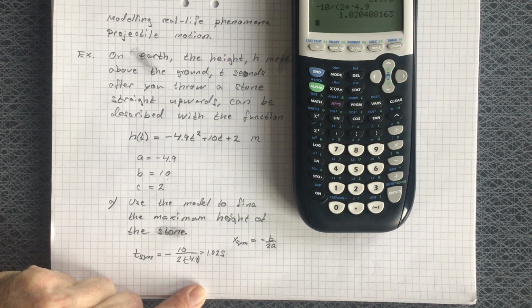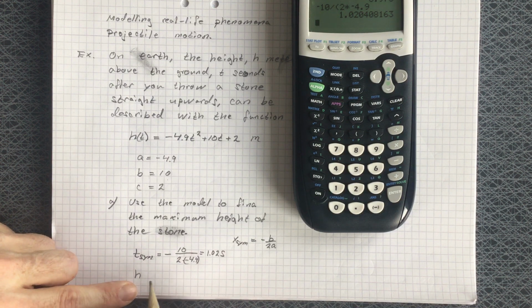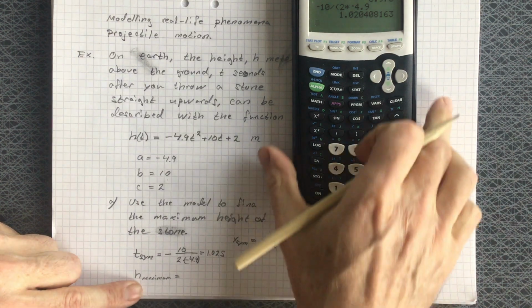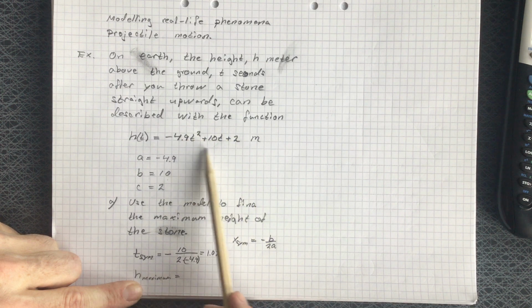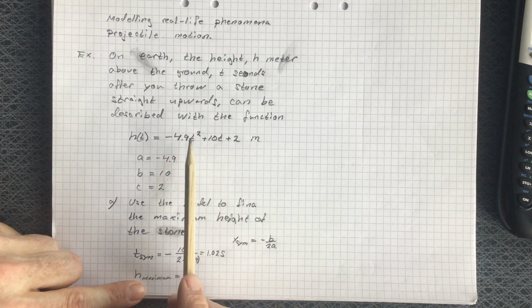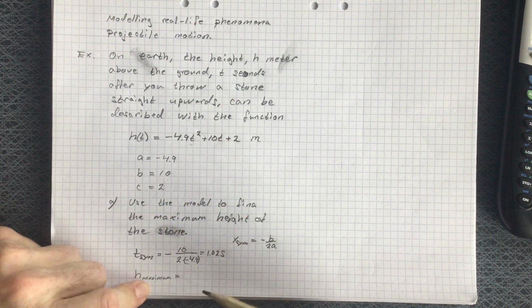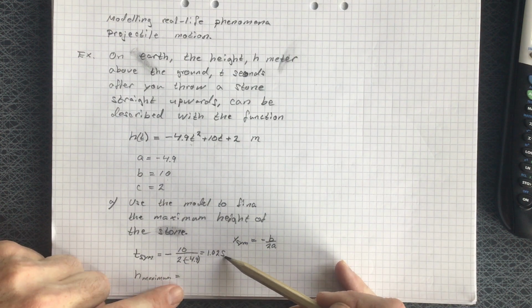Now, the height, and the maximum height, let's call it h maximum, is equal to, well, this equation gives me the height, and I will use the time for the symmetry line. That gives me the maximum height, because the symmetry intersects the graph at the maximum height.